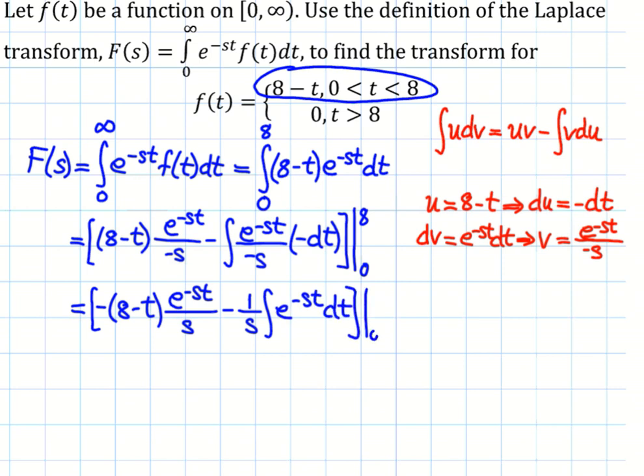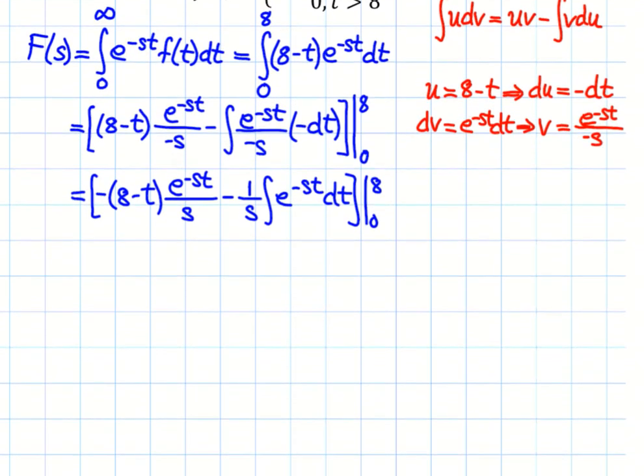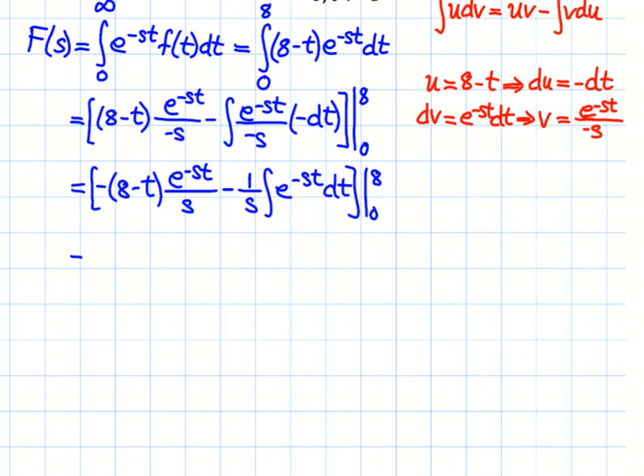That goes from 0 to a. Right? And now we'll multiply the negative in front. So we'll just have negative a plus t, e to the negative st over s.